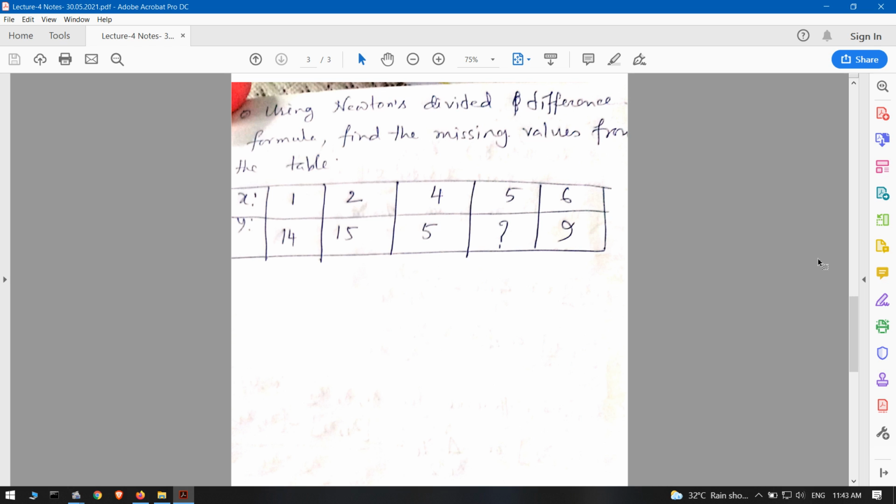Next one will be 2 minus minus 5, so 2 plus 5, divided by 6 minus 2. That will be 7 by 4. Third divided difference.